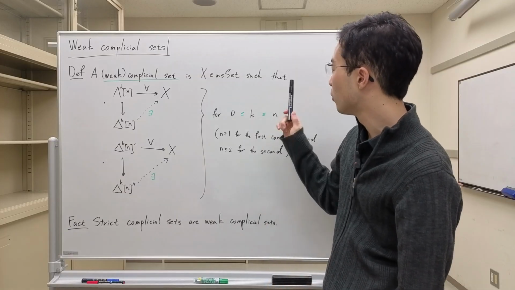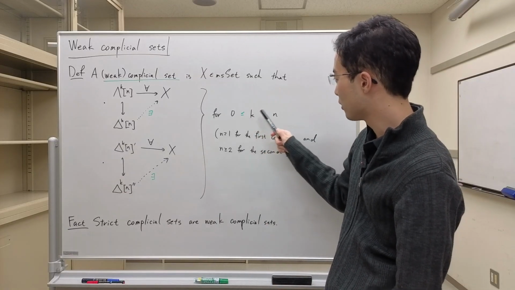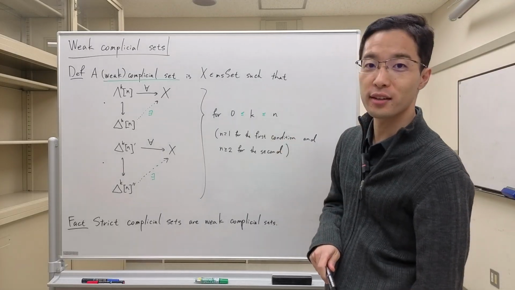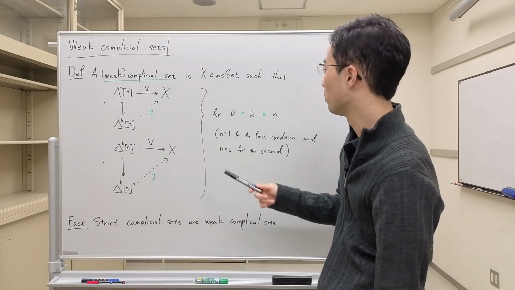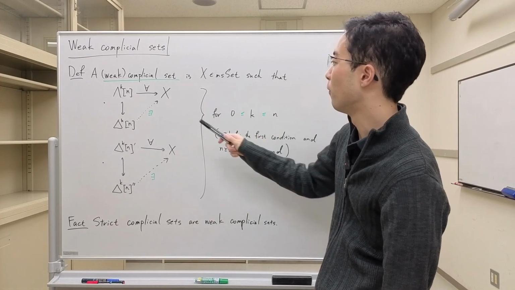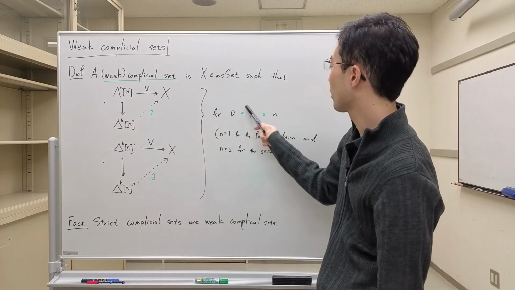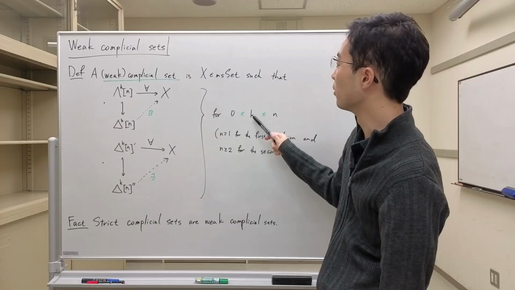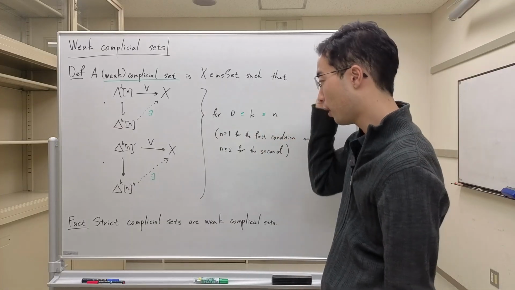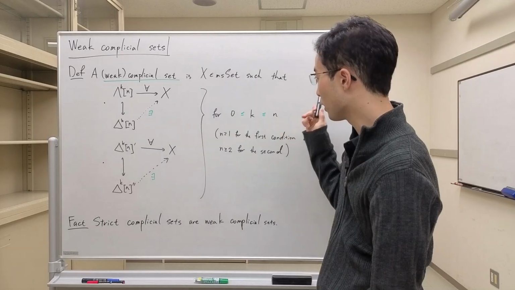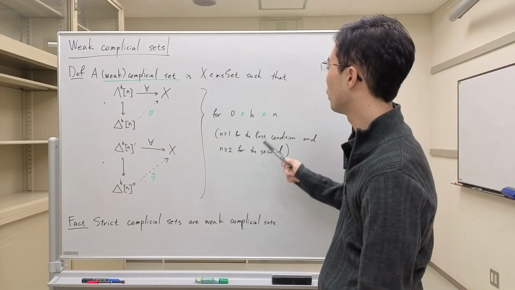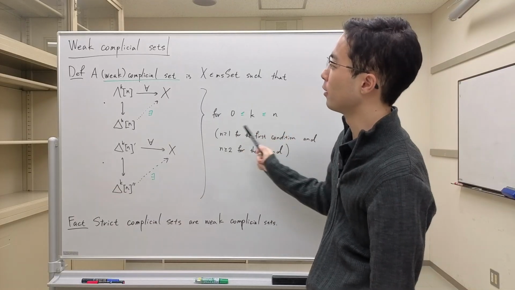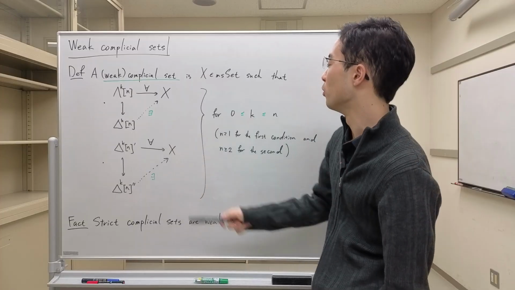And the last one is these non-strict inequalities. For the strict complicial sets, we were asking for these lifts only for k strictly between 0 and n. So these are the inner horns. But for weak complicial sets, we also ask for these outer horns to have lifts.